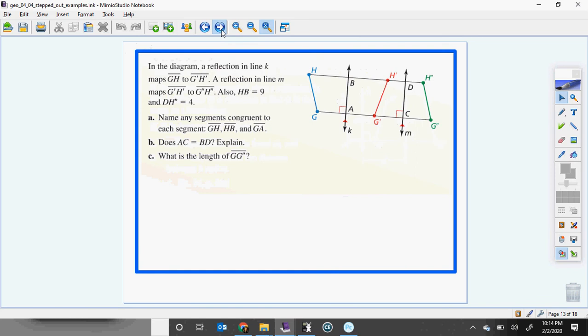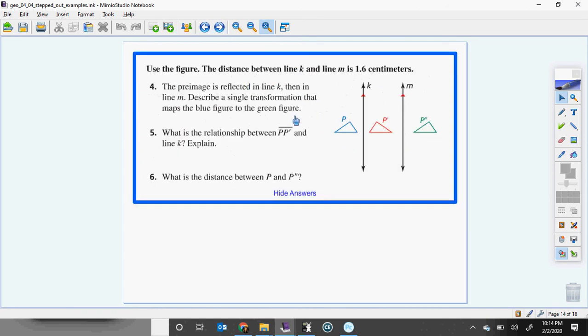Alright, so does it tell me? Now we'll go to the next one. There we go, right here. It tells me that the distance from line K to M is 1.6 centimeters. So I want to look at this one right here.